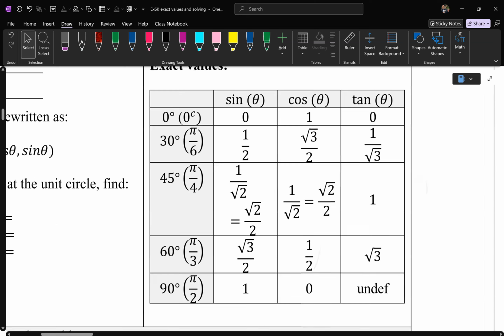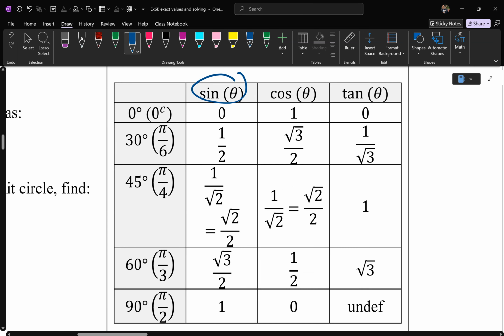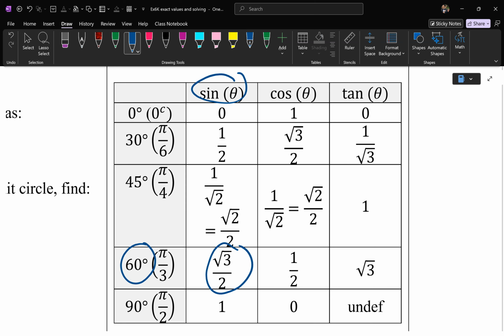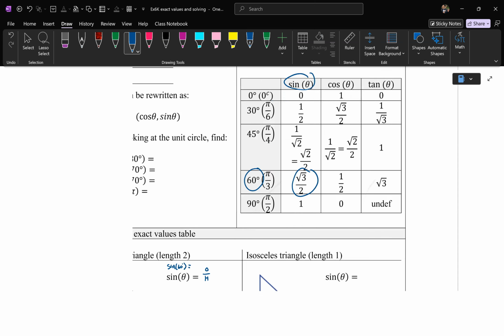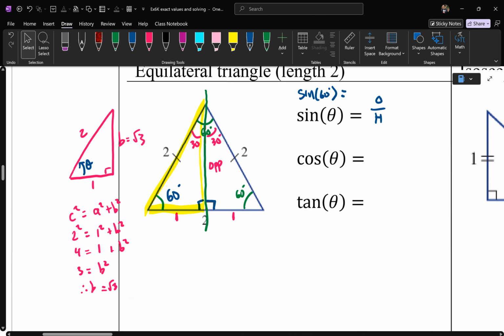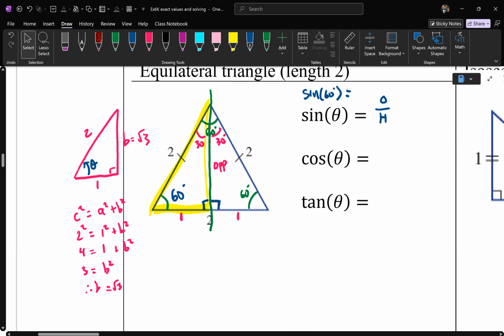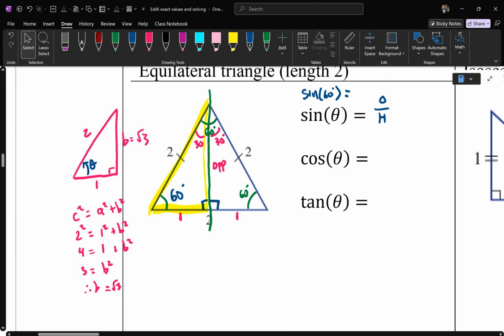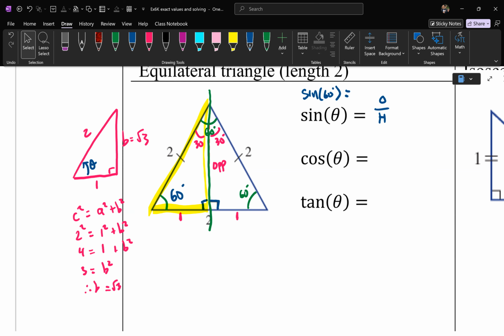So if I go back here, that is why sine 60 degrees is root 3 on 2. Okay, so this chart will work out everything to do with 30 degrees and 60 degrees, and you can do the same thing. So if I said, what's sine of 30? That's opposite over hypotenuse. So sine of 30 would be 1 over 2. That's why I know it's half.